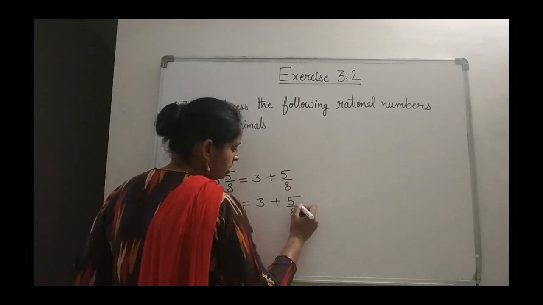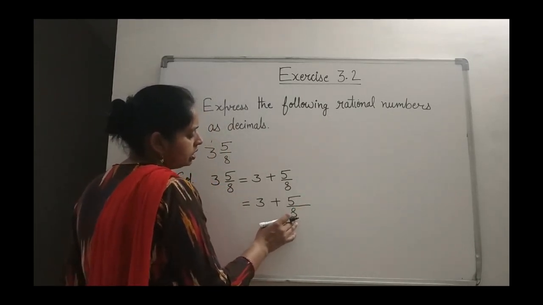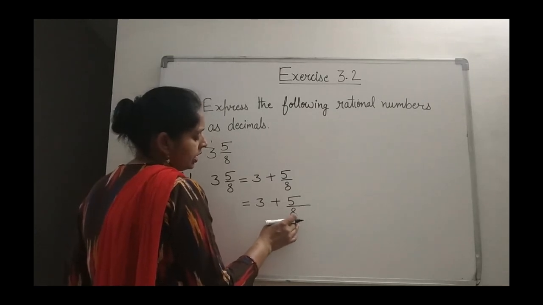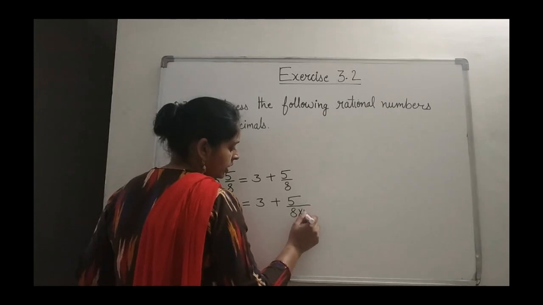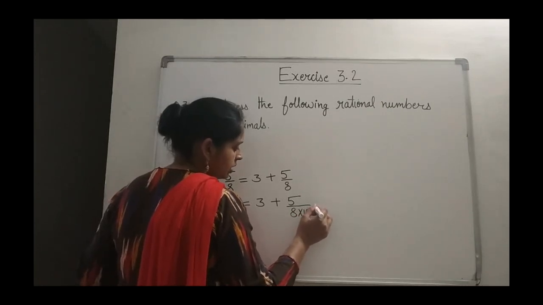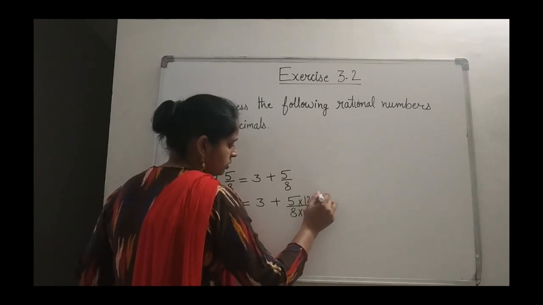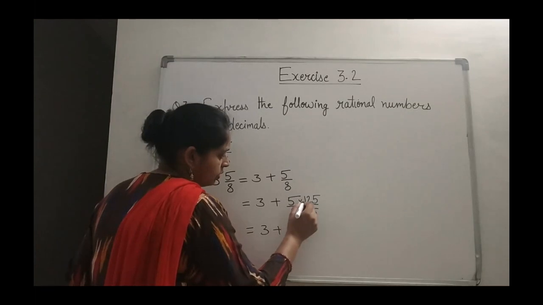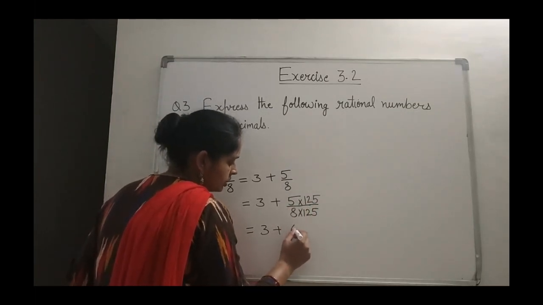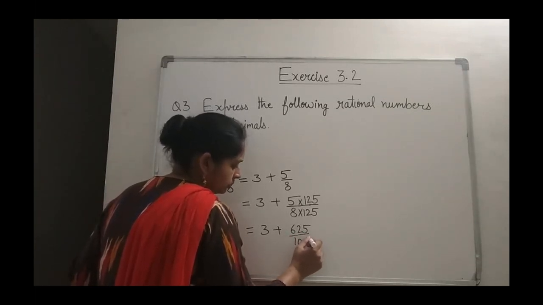So 3 plus 5 by 8. 8 is in the denominator, so for that what do we have to do? We have to make the denominator 10, 100 or 1000. So in 8 what do we have to multiply? 125. In the fraction chapter we have already done this, right? So 125 in the numerator also. So we get 3 plus 125 into 5, which is 625, and 8 into 125 is 1000.